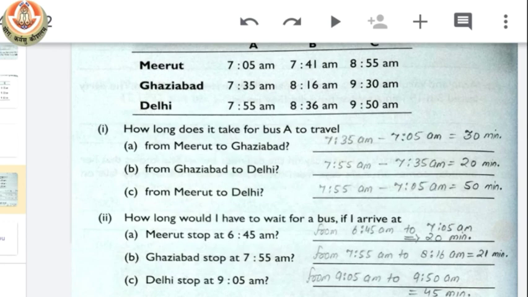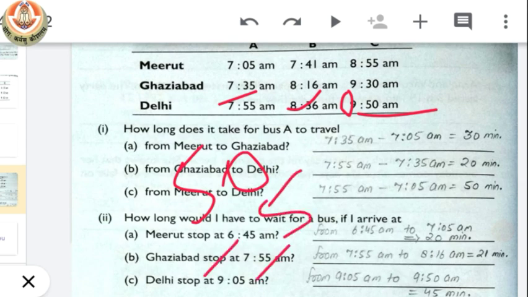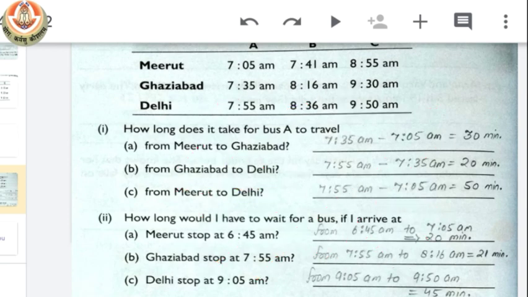Now the next is Delhi stop at 9:05 a.m. You can see here, before 9:05 two buses have already left, and after 9:05 we have the next bus around 9:50. So from 9:05 to 9:50 we have to wait around 45 minutes.